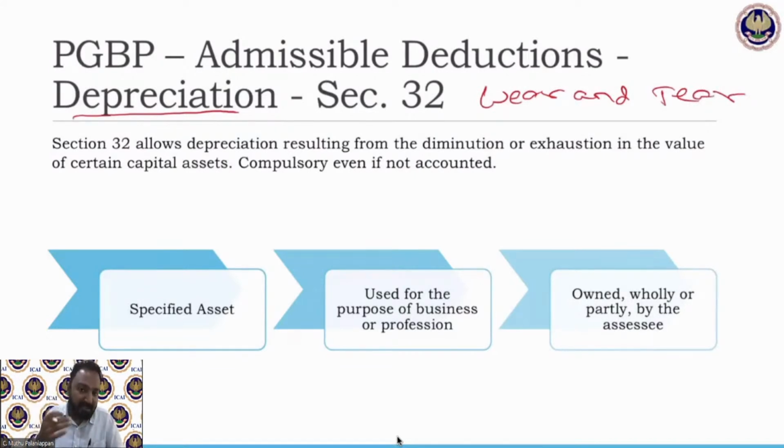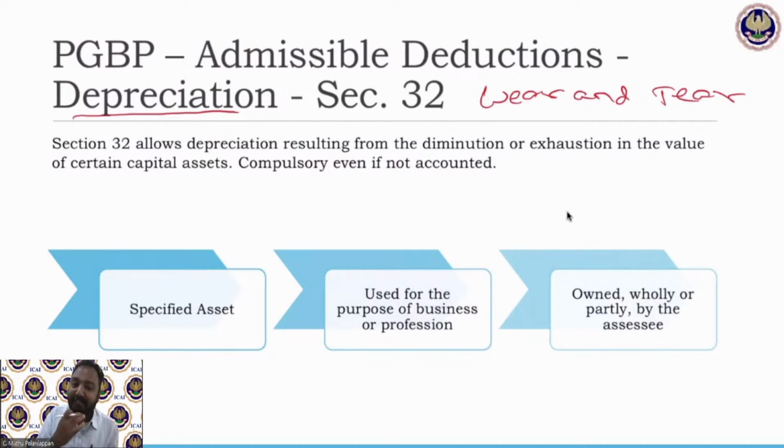Whatever asset is being used for the purpose of business, the wear and tear of that asset, the cost provided to that wear and tear, is what you're calling depreciation.